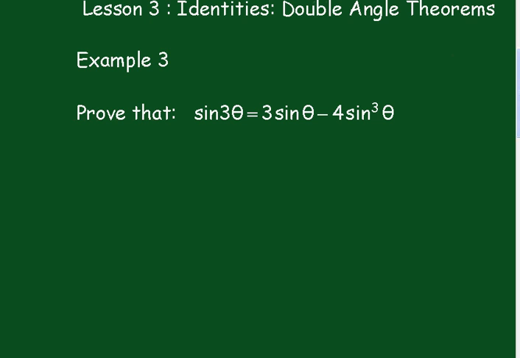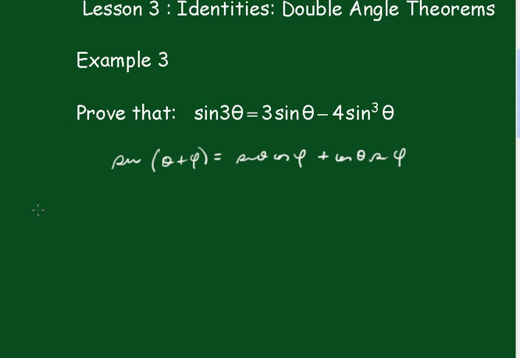Now, in the third example, we're going to prove that sine 3 theta equals 3 sine theta minus 4 sine cubed theta. So we're extending the double angle to the triple angle. Now, to do this, we'll go back to our lesson 2, where we know that the sine of theta plus phi is equal to the sine of theta, the cos of phi, plus the cos of theta, the sine of phi.